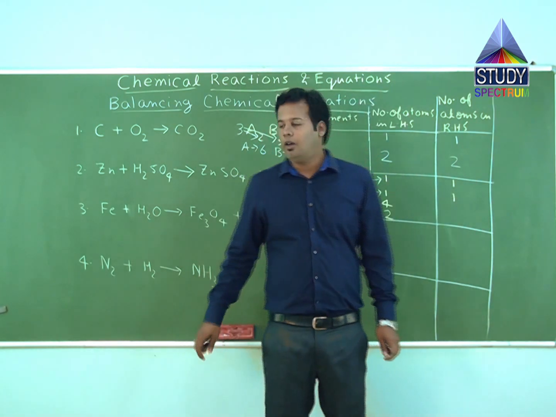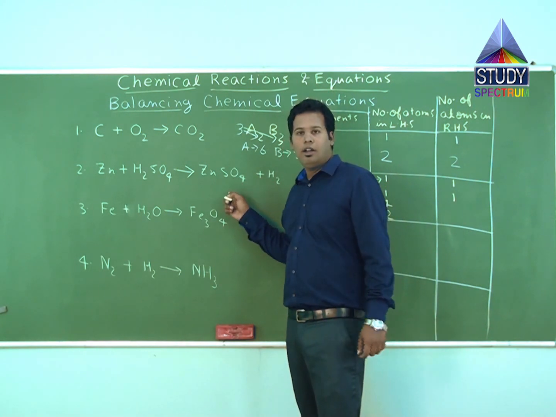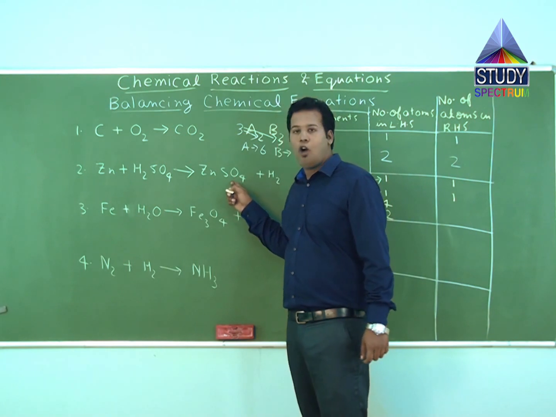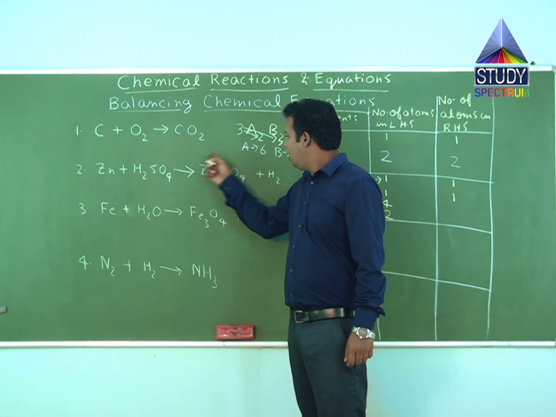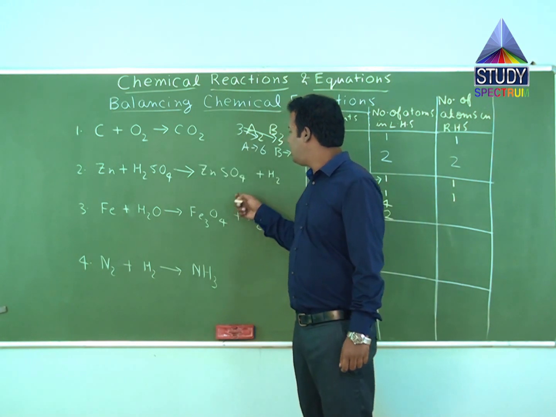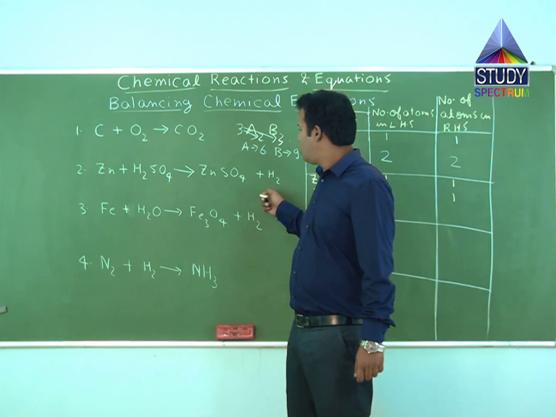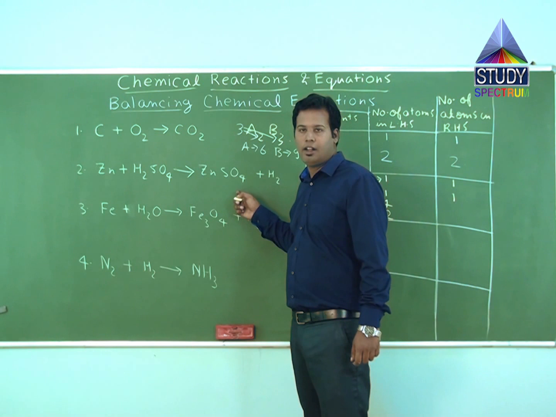Correct? Now, talking about oxygen and hydrogen as the next two elements present in the RHS, let us see how many atoms of oxygen are there in RHS. If you see ZnSO4, it contains oxygen, whereas the second product does not contain oxygen. So we will calculate the number of oxygen atoms using ZnSO4 itself.